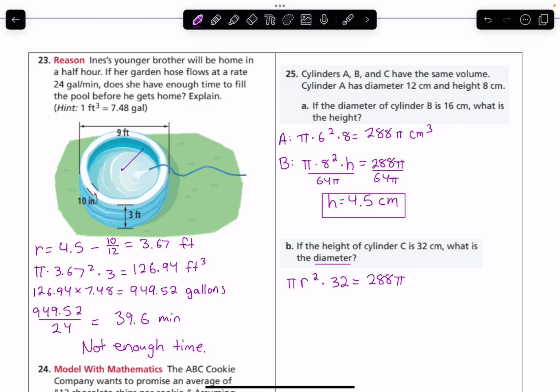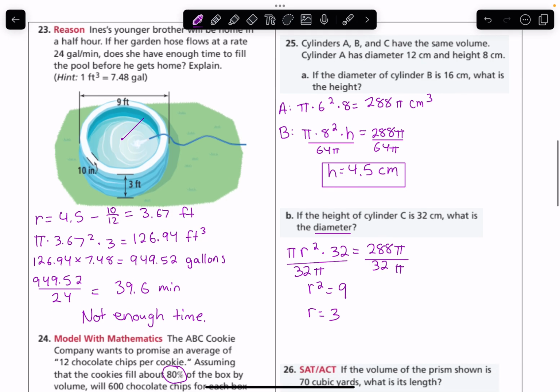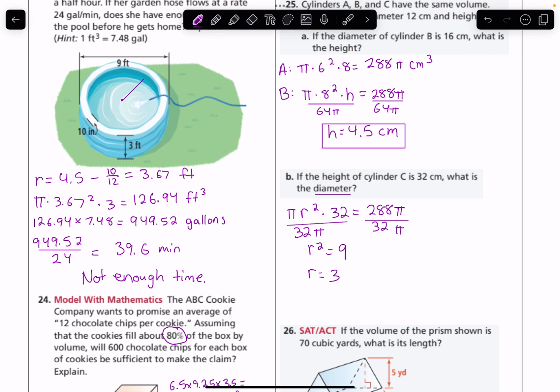Then we can go ahead and divide both sides by 32 pi. And that gives us r squared on its own. The radius squared equals 9, which of course means the radius equals 3. They want the diameter though, so we're going to have to double that. And the diameter is going to be equal to 6 centimeters.